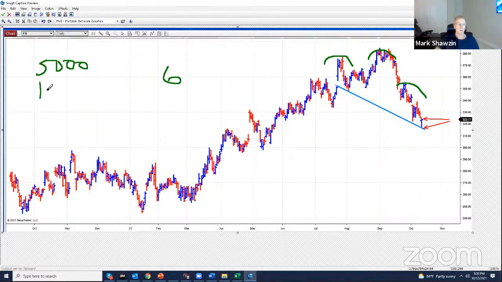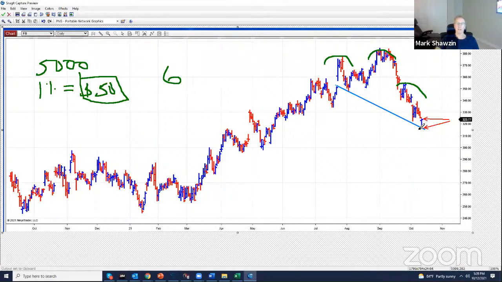So let's say you want to risk 1% on this trade. 1% of 5,000, I think, is 50. My math is terrible. So that's how much you'd want to risk.